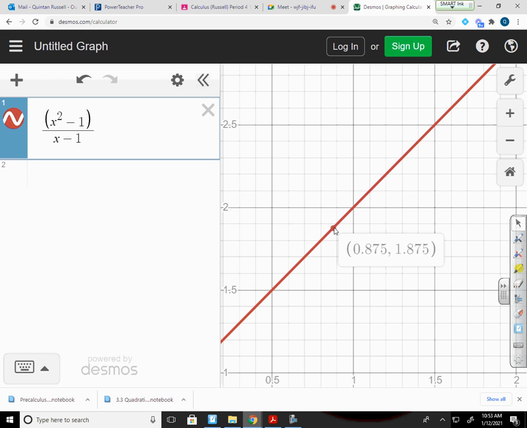So if I'm looking as it gets closer and closer to x equals 1, what is happening to my y value? The y value just keeps getting closer and closer to 2. It does this if I'm coming from the left, or if I'm coming from the right towards the point x equals 1, it also keeps getting closer and closer to 2.